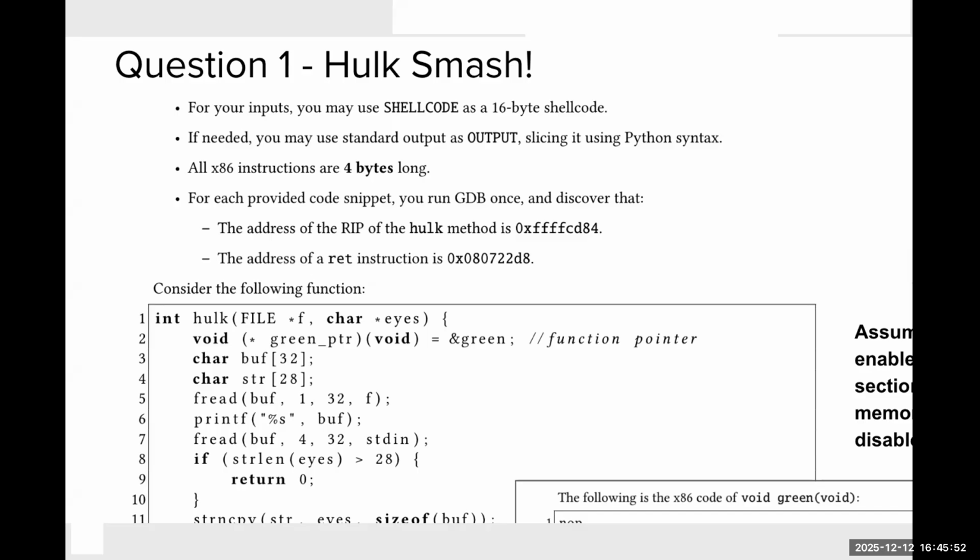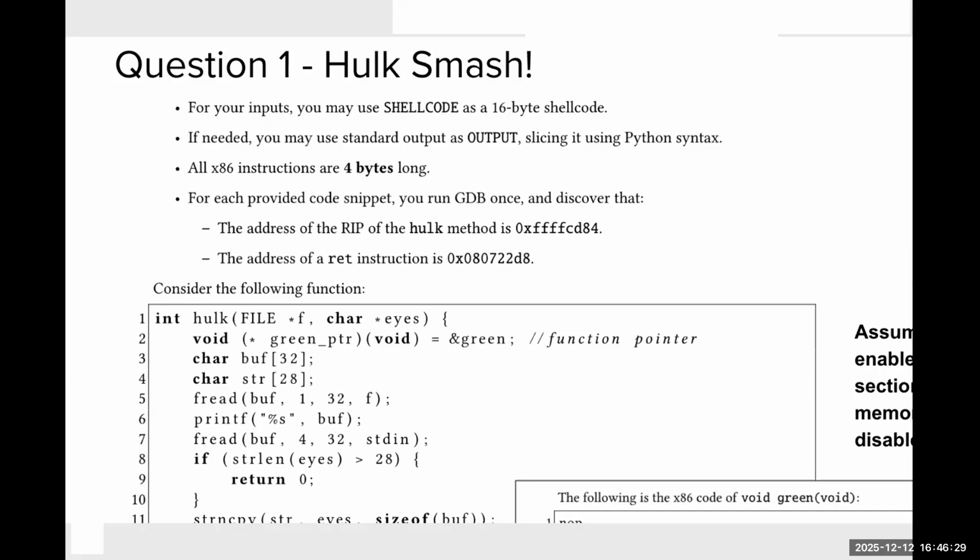Yeah, so we have a function here. The first thing that we see is that there's a function pointer. If you don't know what a function pointer is, that's okay, because for this problem, you don't really need to know how it works. It's just a pointer to a function. So you can imagine it as a pointer to an address in memory. Then we have two character arrays, buff and string. And then we have an fread function, which reads into buff from f, which is an input of this Hulk function.